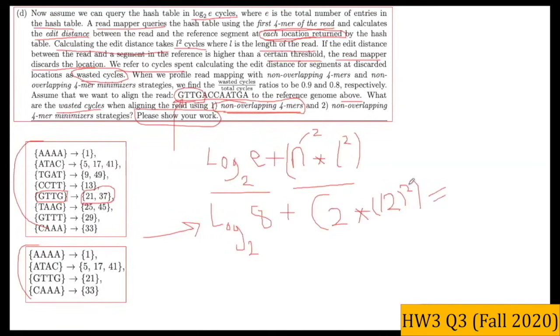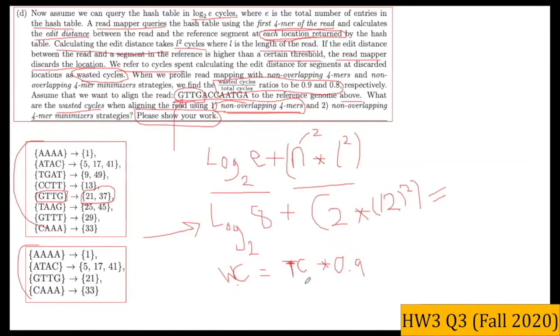And now, based on this equation, which is wasted number of cycles over total cycles, we can calculate the wasted cycle. So the wasted cycle, W, is equal to total cycle times, so the first method is 0.9 times 0.9.